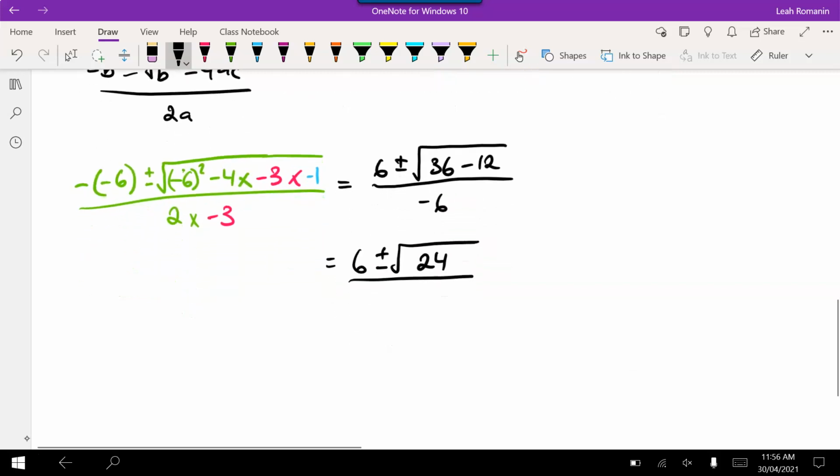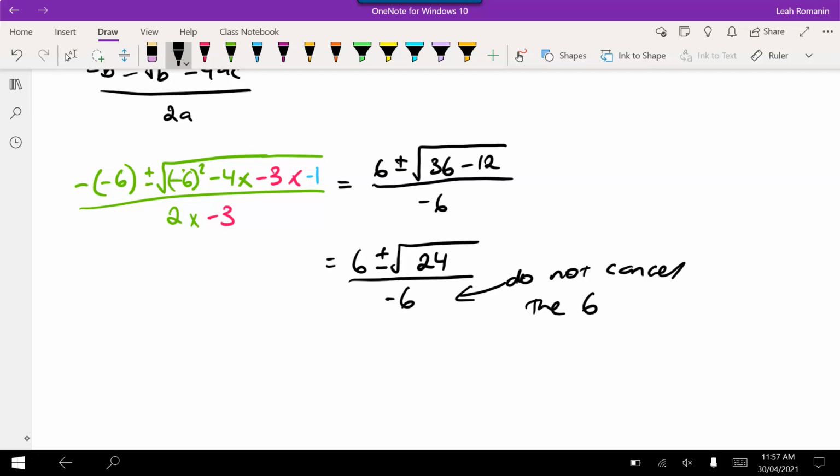over -6. Now at this point, do not cancel the sixes, because you cannot cancel a 6 here. Do not cancel the sixes when there's a plus there. You can only cancel one on the top and one on the bottom if everything on the top and everything on the bottom is being multiplied.